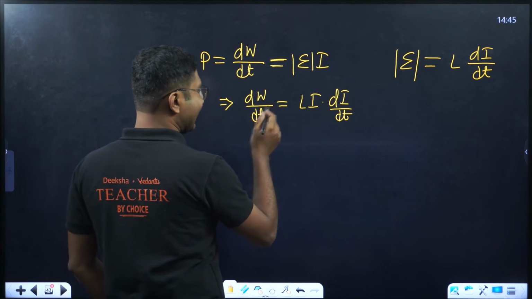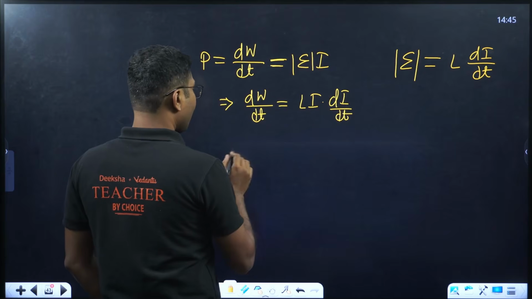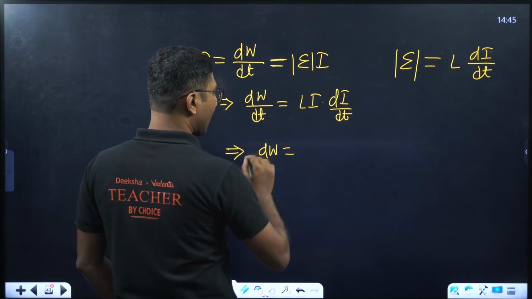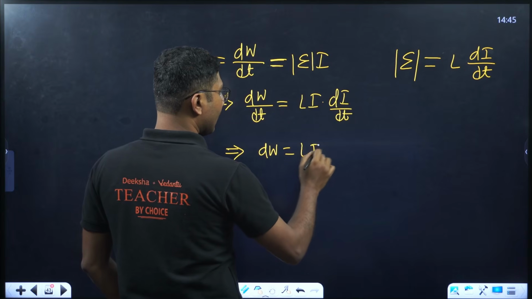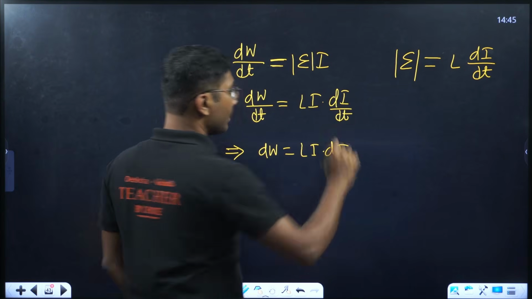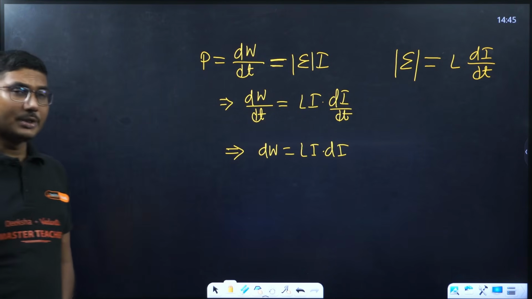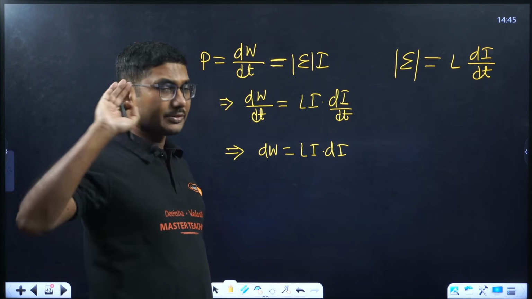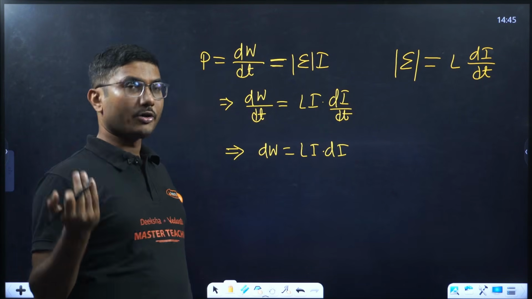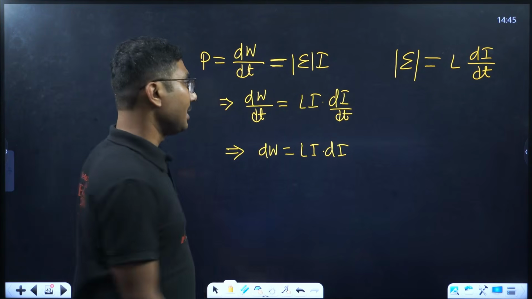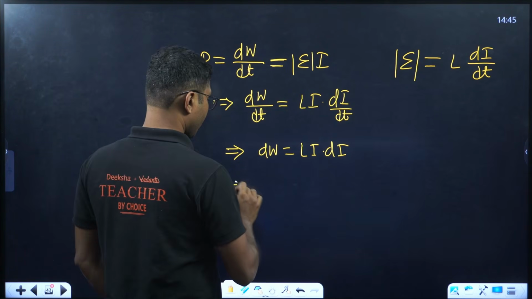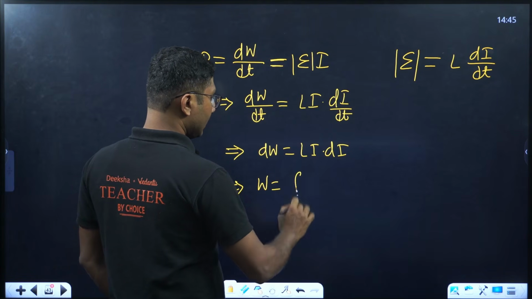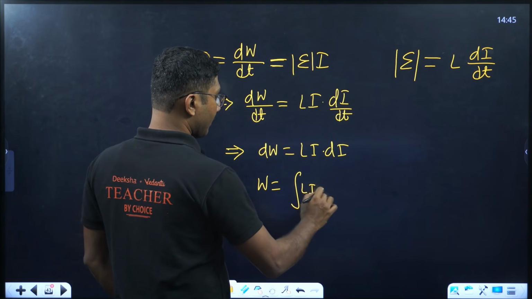Now obviously dt you cannot cancel directly, but indirectly you can. So you can write dW equals L I dI. This derivation is important, especially for your midterm and pre-board exams. This derivation came once or twice in previous year papers as well. Now the total work done W is the integration of L I dI.